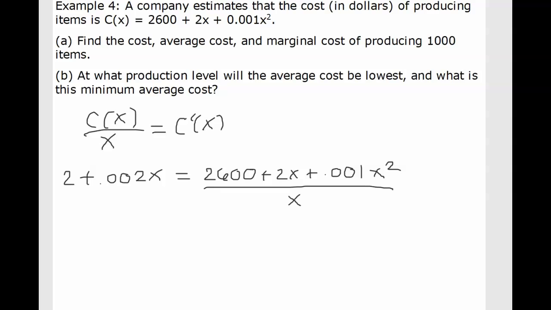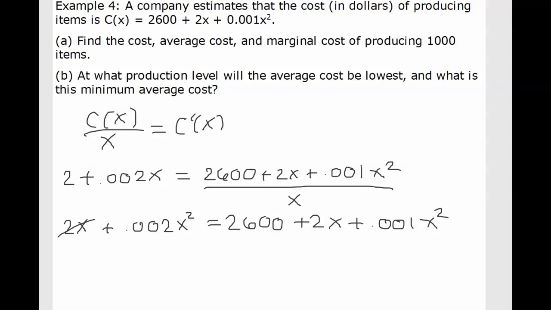So to get rid of dividing by x, I'm going to multiply both sides by x. And then my 2x's from both sides cancel. I'm going to get it set equal to 0. So I'm going to subtract over that 0.01x squared.